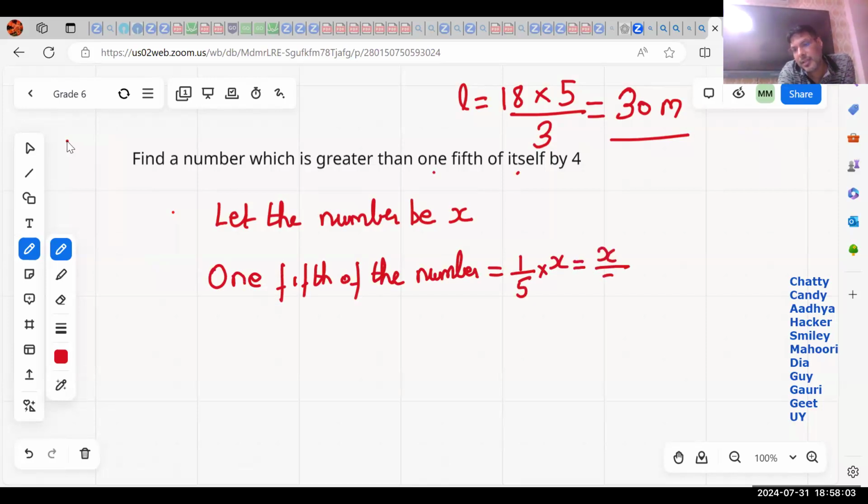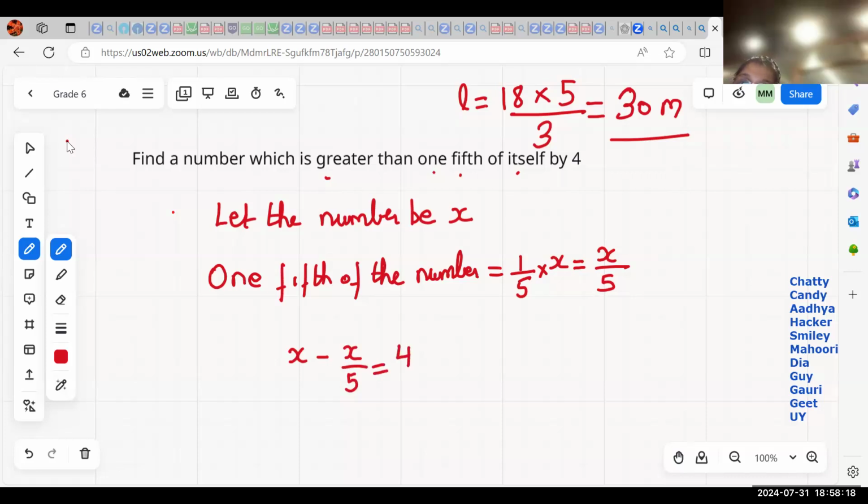Any doubts in this? No, sir. Now they are saying the number is greater than 1/5 of itself. So x minus x by 5. How much greater? By 4. This is the equation. So x minus x by 5 is equal to 4.